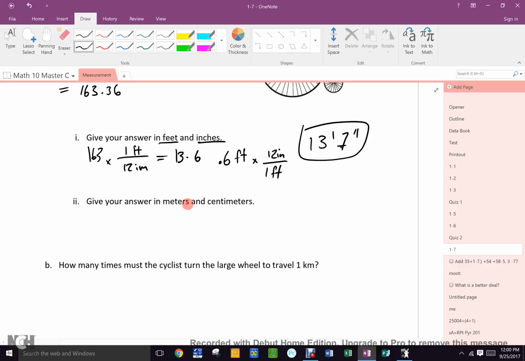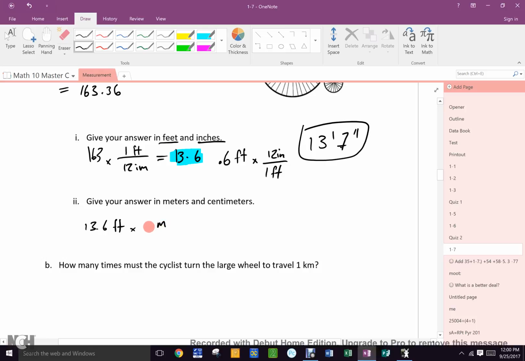Now, I need my answer in meters and centimeters. Now, I could do this, right? Or, better, I would use this. I can go 13.6 feet, and I want meters and centimeters. So I want meters, right?